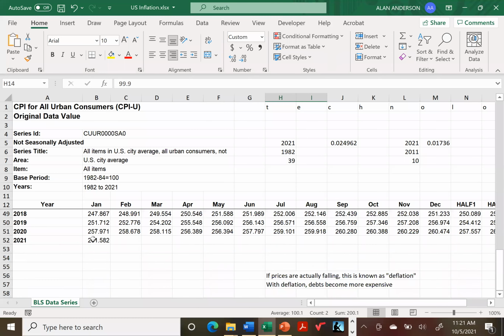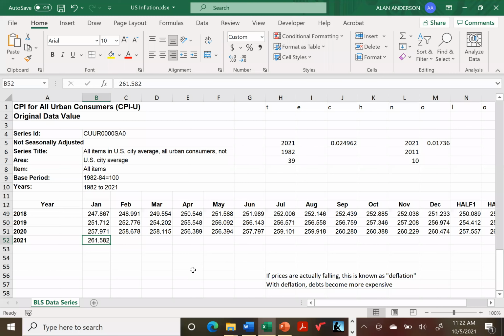So for example, in January of 2021, the CPI is 261.582, which means prices are about 2.6 times what they were in the base year of 1984. Okay, 2.6 times. Or think of it as having gone up by about 161%.